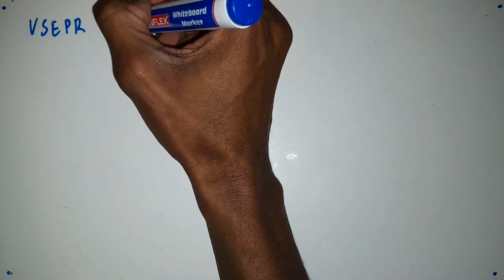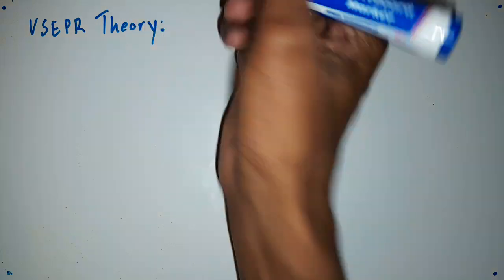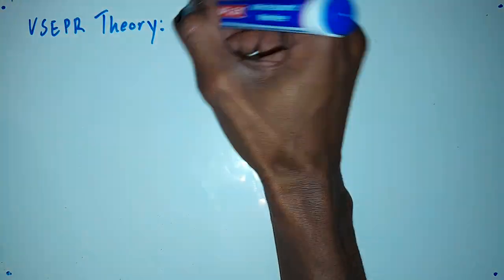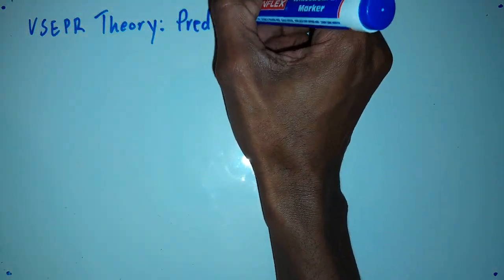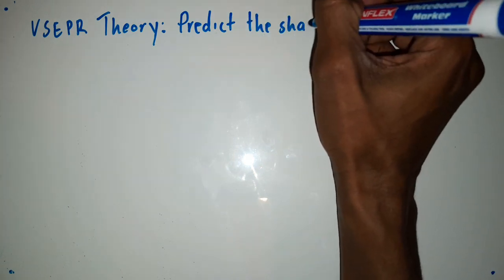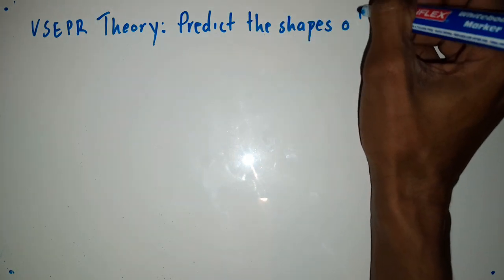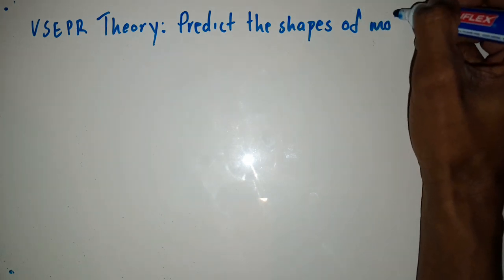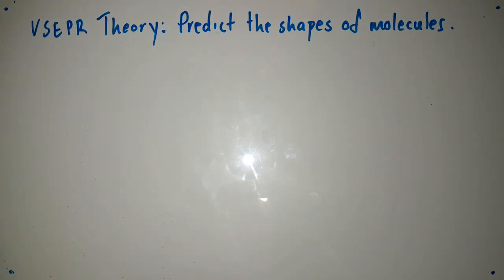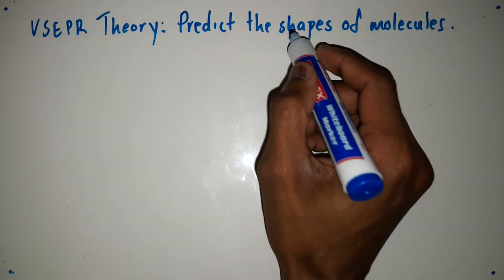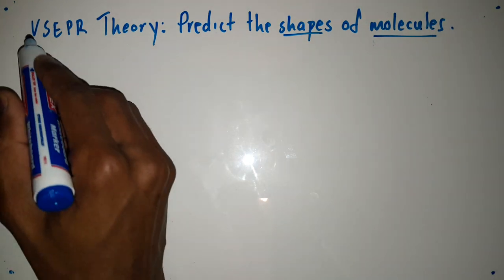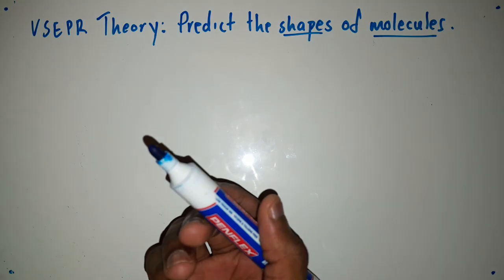We use this theory to predict the shapes of molecules. Then what does VSEPR stand for?